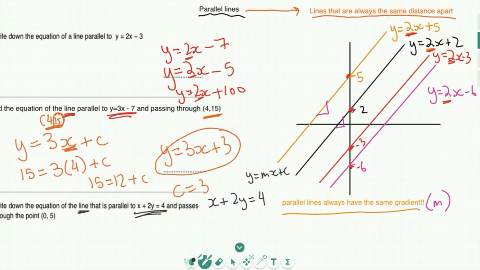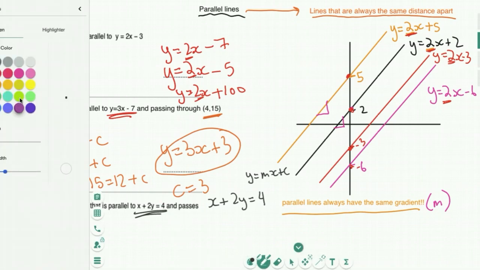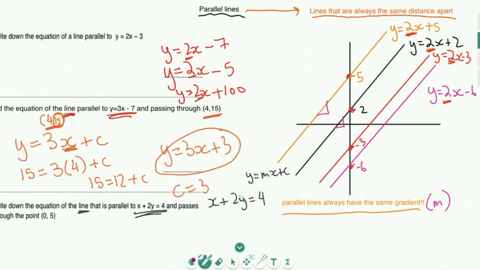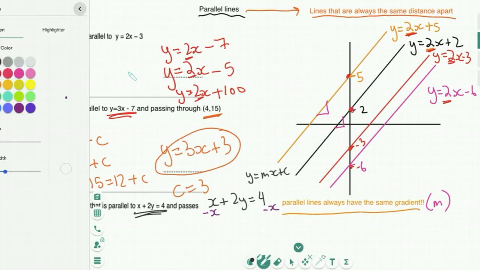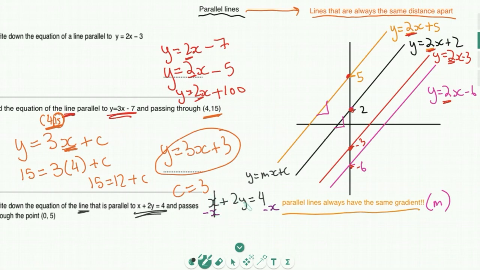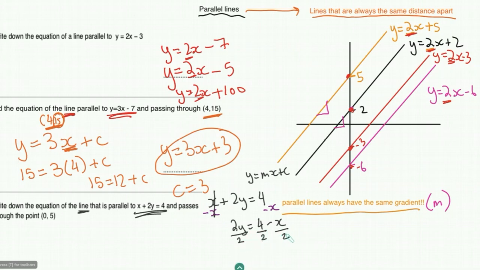So step 1, in order to get y by itself, let's get rid of this x. So we'll minus x and minus x. So the x's cancel out. So it's just 2y equals 4 minus x. We want to get y by itself, so we're going to get rid of that 2. So we're going to divide by 2, divide by 2, divide by 2.